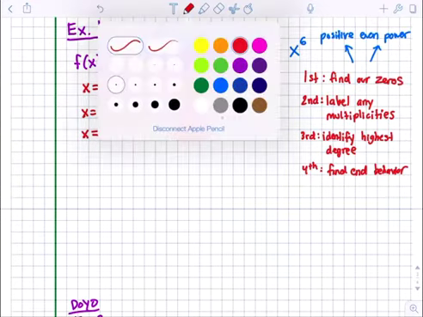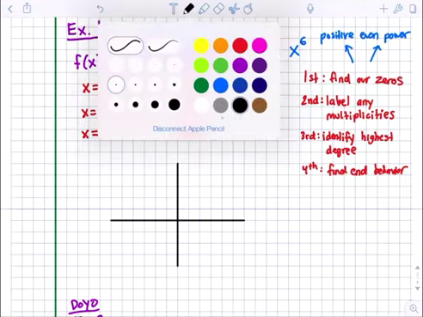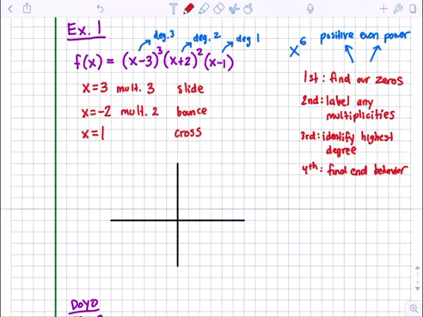So let us graph this. Okay, I'm going to label my zeros. So I see one at -2. From right here, I see a 0 at 1, which is right there.